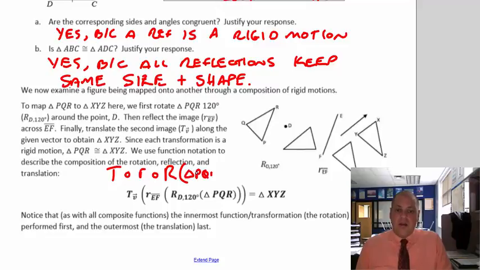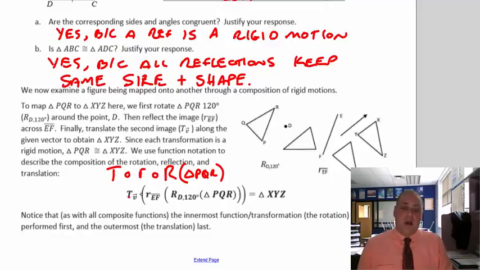This is the same thing as this, but instead of the little midline o symbol we talked about with compositions, now we're doing it with parentheses. And the parentheses are function notation. Remember we did function notation? f of x equals 3x minus 4. We did that way back when we started transformations, right? So just like functions can be written in function notation, so can these, because these rigid motions are just functions.